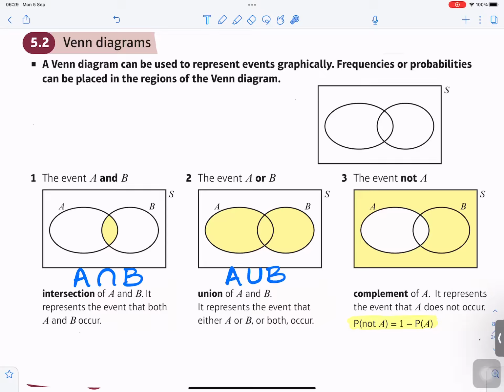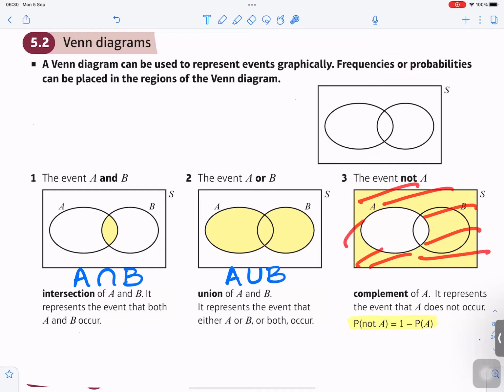And number three, the event not A. Not A, we call it complement of A. It represents the event that A does not occur. So everything outside A, that's what it means.